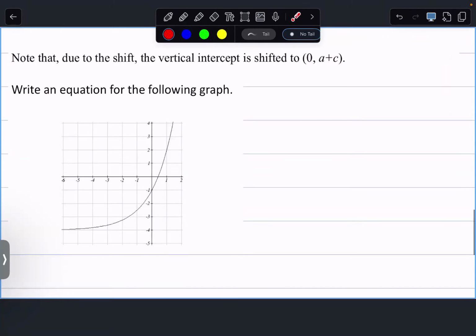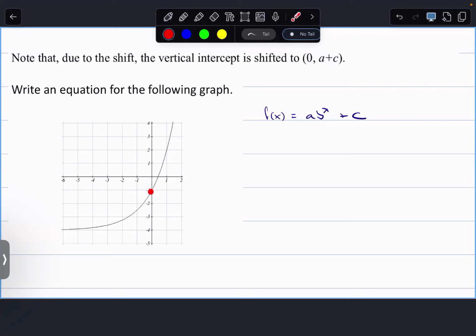For example, if we have this graph here, in general, we said, okay, f of x is a times b to the power of x plus c. And we know that, at x equals 0, I can see that this has been shifted down. In fact, I can see that it's been shifted down 4 units, right? So -4. But let's just confirm.